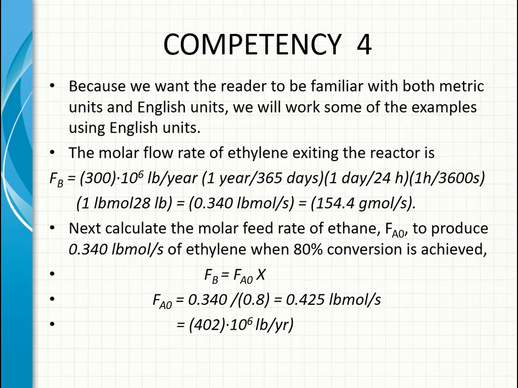So here, from the necessity of the market, we come with the molar flow rate of the product, and from there we went to calculate the molar flow rate of the reactant.